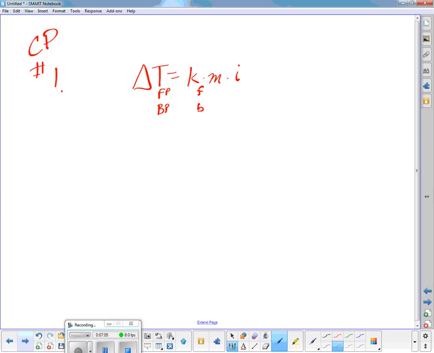Okay? Any other questions? Number 3 and 4? 3 and 4 basically talk about the 4 colligative properties. Who can tell me what the 4 colligative properties are? Nobody knows the 4 colligative properties.